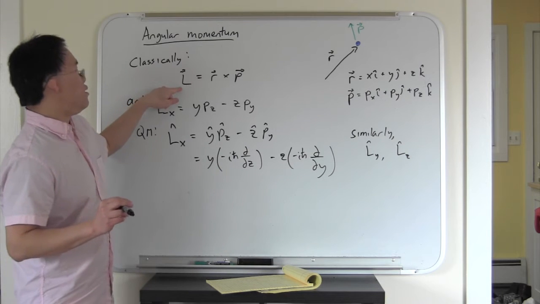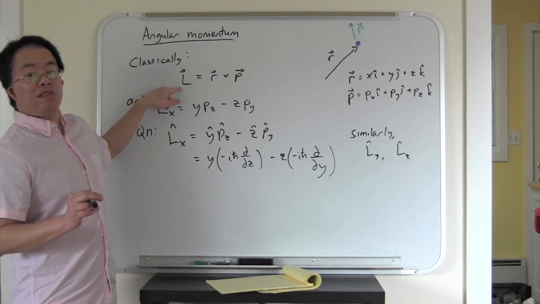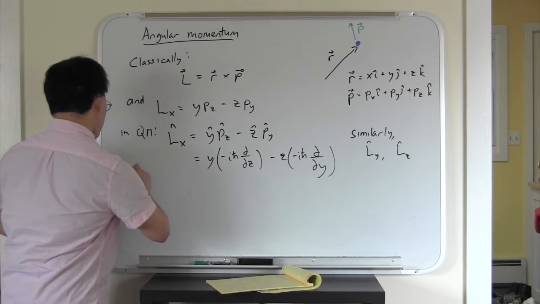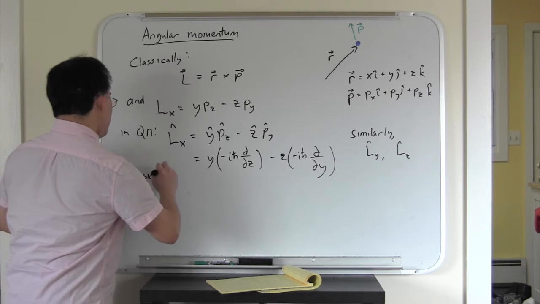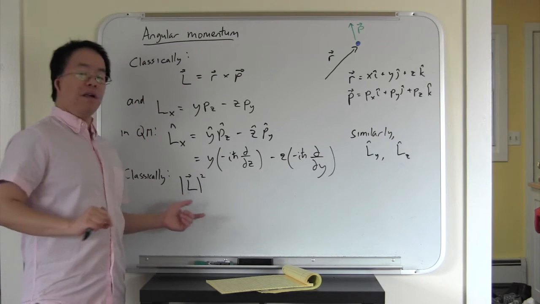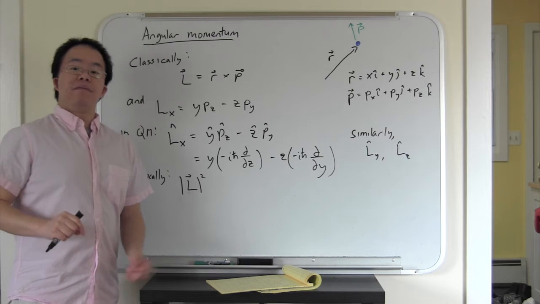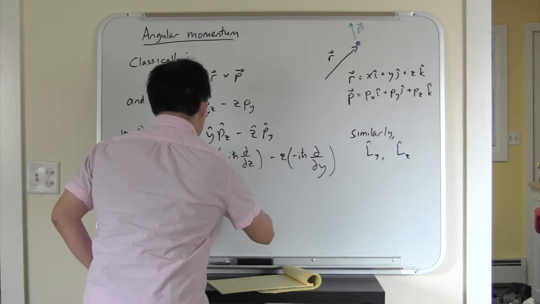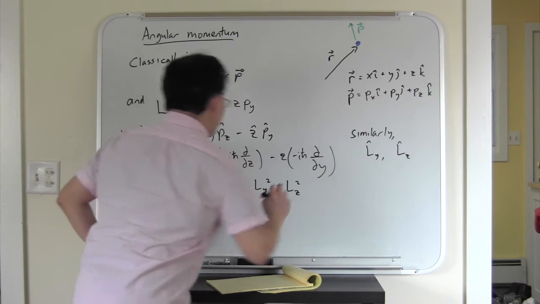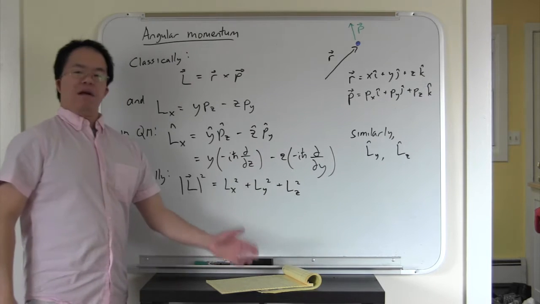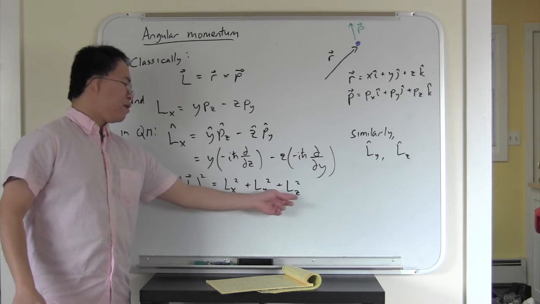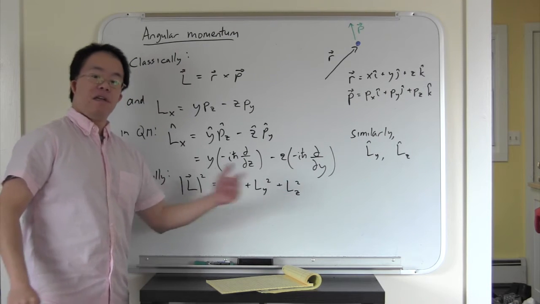Now, classically, in addition to thinking about the individual components, we could also think about the magnitude of this angular momentum vector, and more specifically about the magnitude squared of the vector. So classically, by the Pythagorean theorem, the magnitude squared of L ends up being L_x squared plus L_y squared plus L_z squared. We can do exactly the same thing in quantum mechanics, because we already know how to construct the operators corresponding to these.